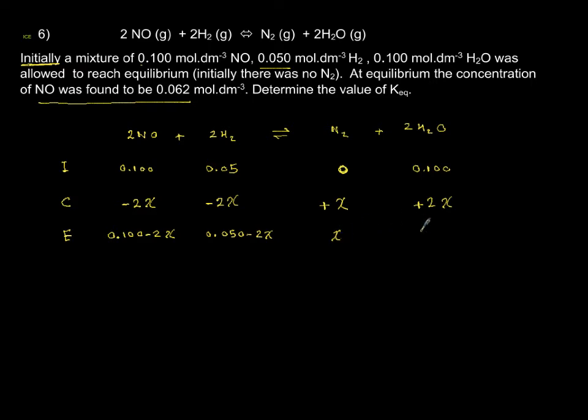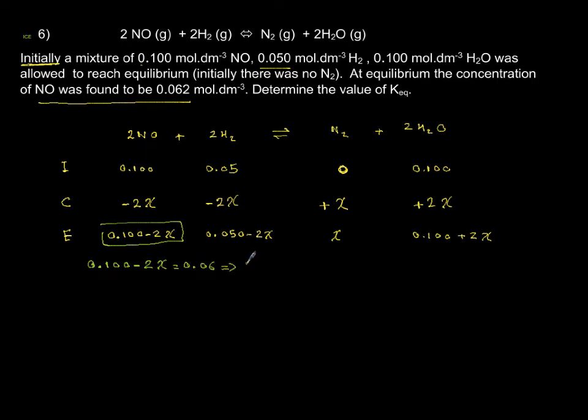X is nitrogen, and 0.1 plus 2x is for H2O. Now the other information is saying, look, this is really equal to 0.062. So let me just do a couple of calculations. This minus 2x is equal to 0.062.